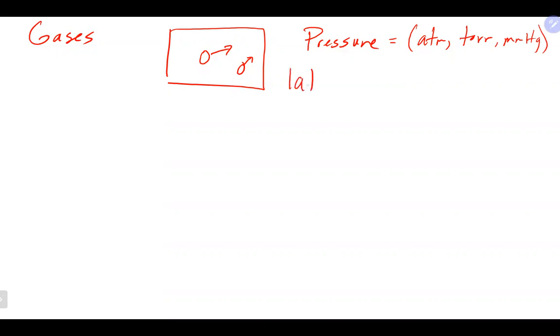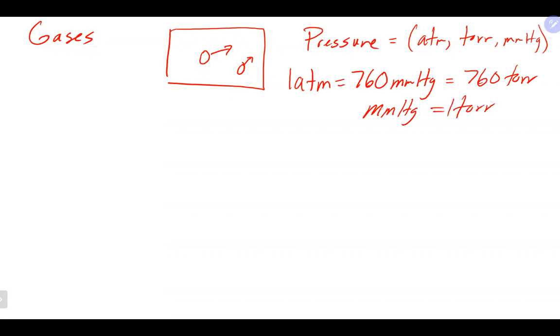One atmosphere is 760 millimeters of mercury, and that is 760 torr. That also means a millimeter of mercury and a torr is basically a one-to-one relationship or conversion between the two. And that 760 number is an important number, as we talked about last time, to go between the units.